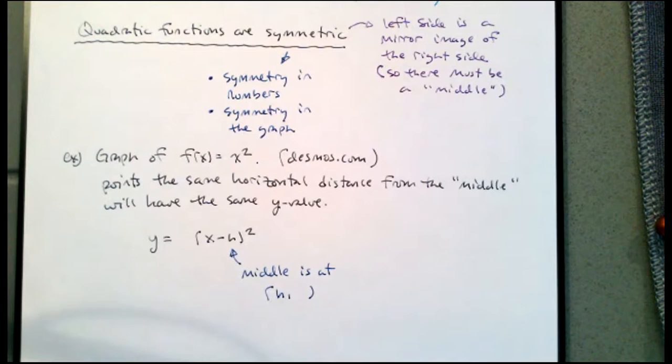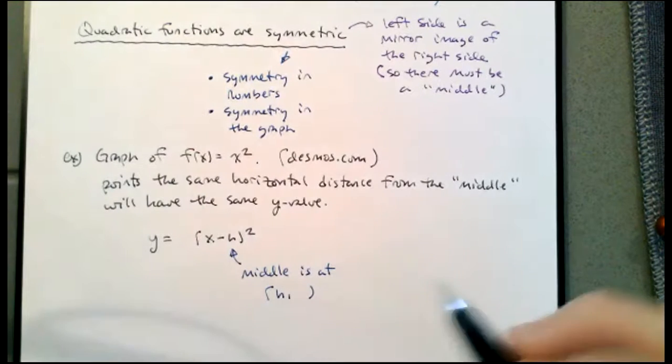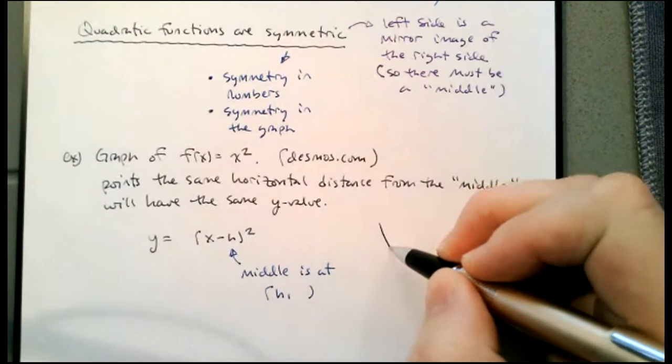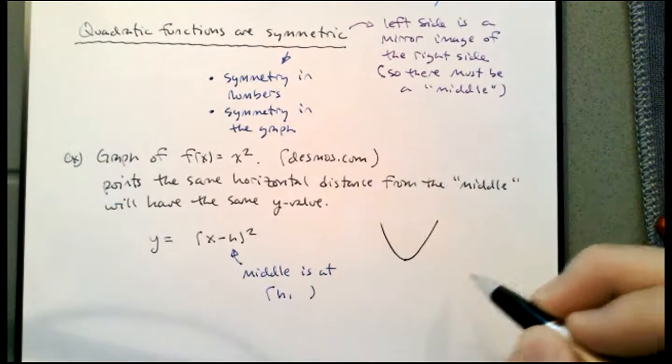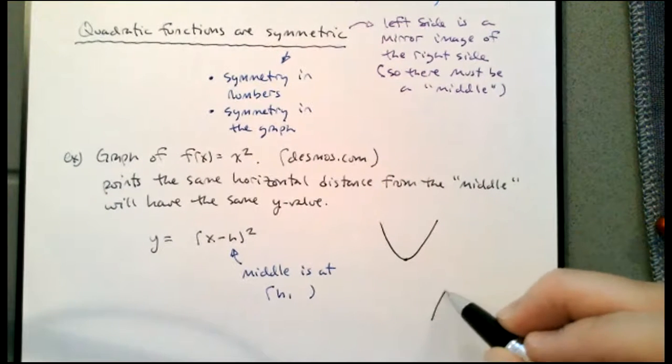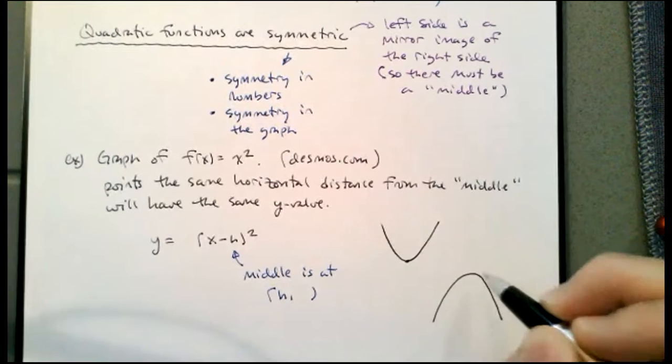Now we're not going to keep calling this the middle of the graph. When we're talking about the graph, we're going to refer to this point that's the middle as the vertex. So the vertex is either the lowest point or the highest point on the parabola, because we didn't look at an example of this.